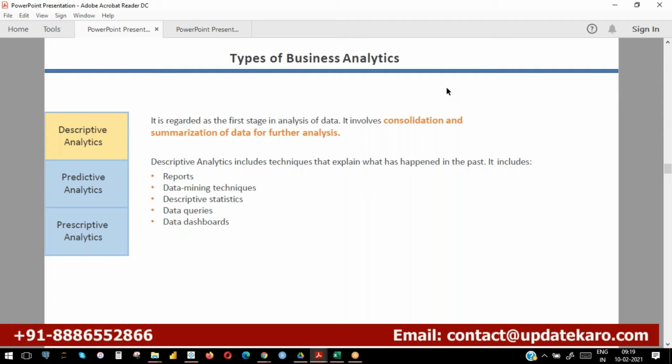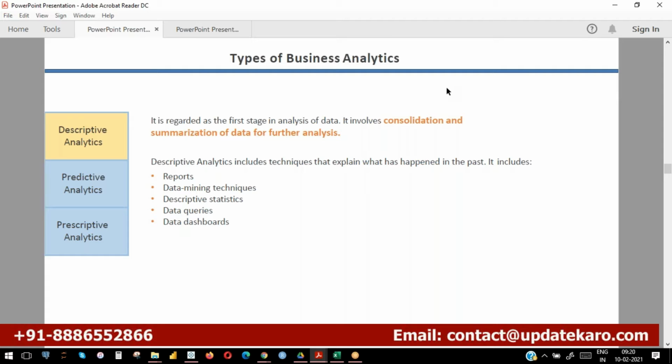In descriptive analytics, we basically see and analyze what has happened in the past. What has happened? Just when you say descriptive, get this sentence: what has happened in the past? We are going to analyze what has happened in the past through the historical data that is available.